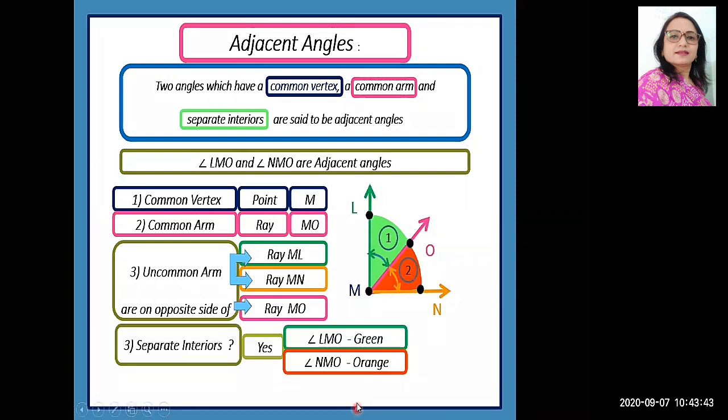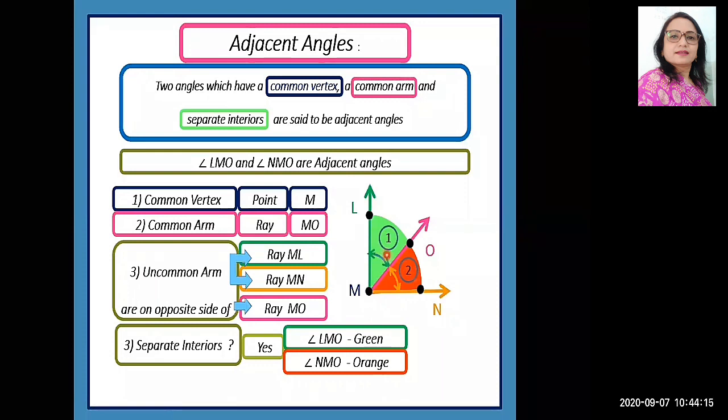The last condition is separate interiors. Angle LMO, the first angle, which is in green color, and angle NMO, the second angle, which is in orange color, do they have separate interiors? Yes. See this. They have separate interiors.